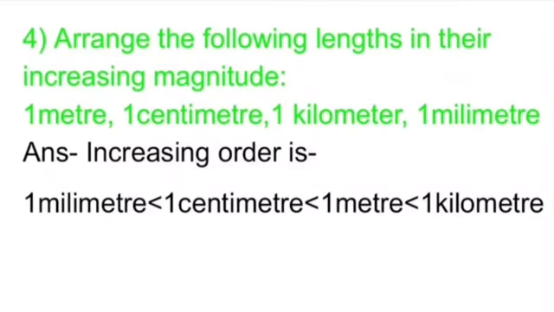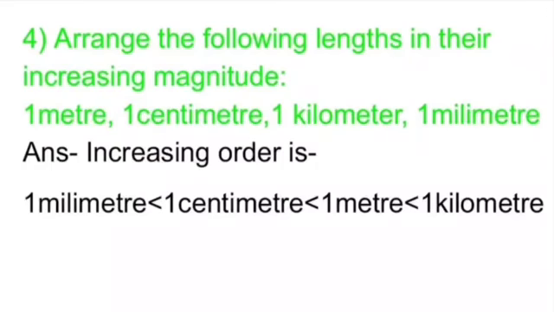Question number 4. Arrange the following lengths in their increasing magnitude, means in increasing order. 1 meter, 1 centimeter, 1 kilometer and 1 millimeter. So out of these 4, 1 millimeter is smallest unit.